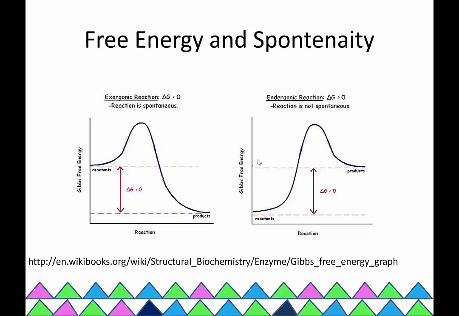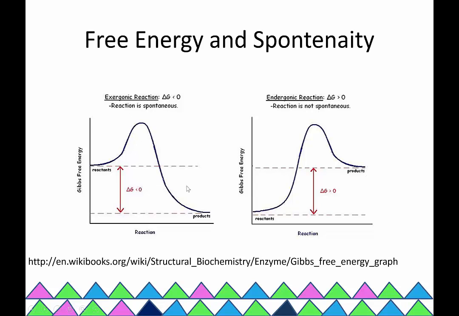So you might remember from thermodynamics, we talked about Gibbs free energy. And Gibbs free energy basically tells you the chemical potential energy. So if your reactants are at a higher potential energy than your products, then this reaction is going to be spontaneous. If your products are at a higher potential energy than your reactants, this reaction's non-spontaneous.